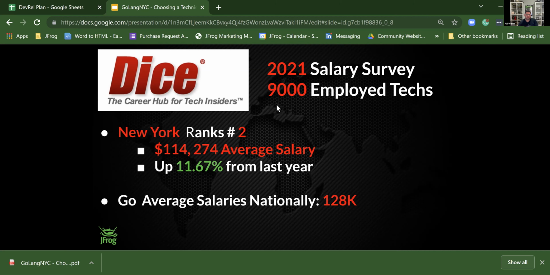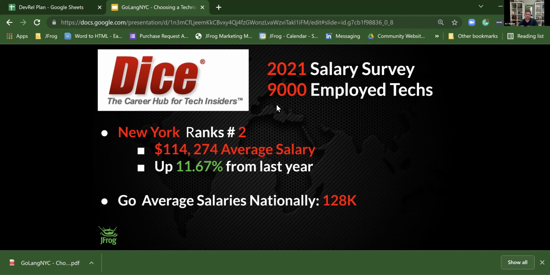In New York, the average IT salary is $114,274. Now, keep in mind that that is for both the help desk profession all the way up through the IT manager and everything in between. So if it sounds low, well, it all depends on perspective.